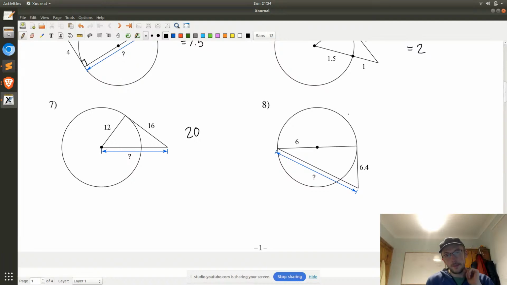This is the 12, 16, 20 triangle that we just saw. Now for this one, here they're just giving you the radius for the diameter. That would also be 6.